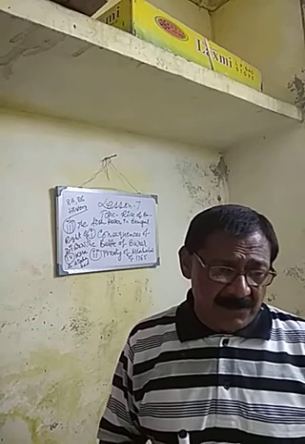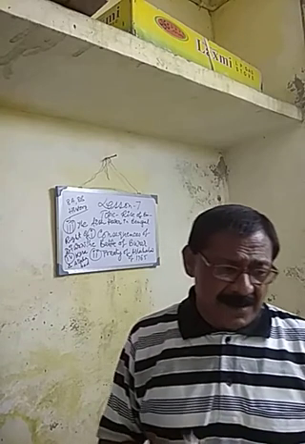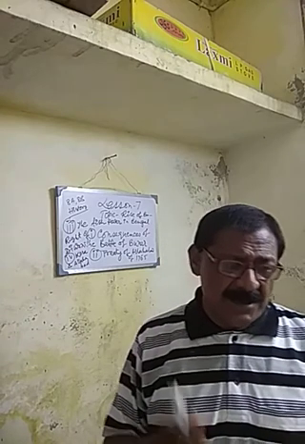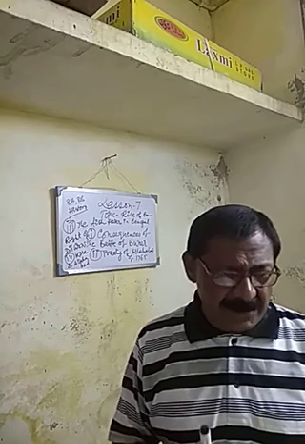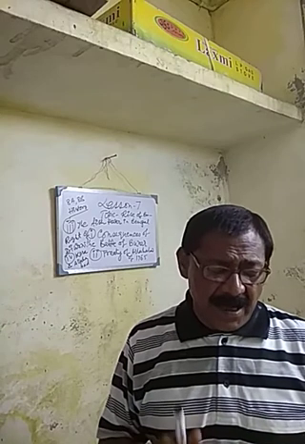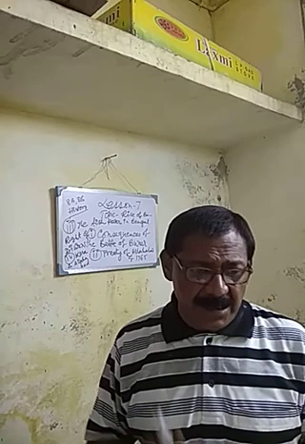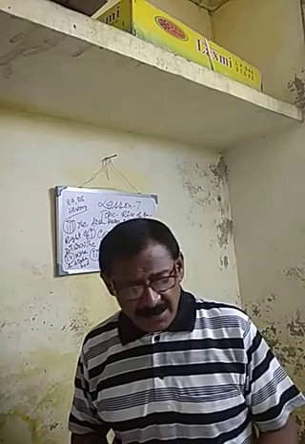Shujauddaula ultimately was forced to agree, and ultimately was completely dependent on the British East India Company. And by that way Awadh had become a dependent state on the British East India Company.